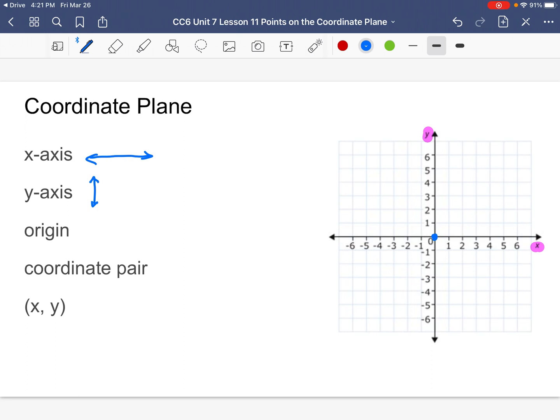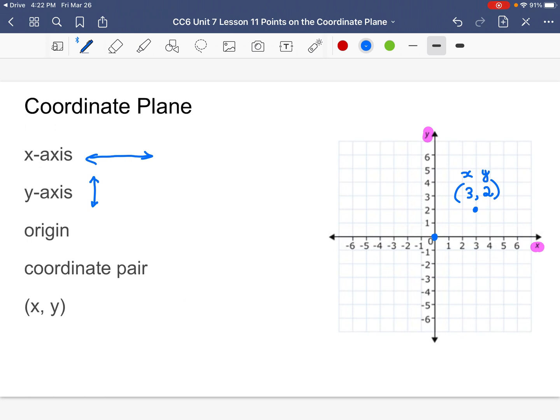And when we plot points on the coordinate plane, we usually plot them where lines on the grid intersect, and we write two numbers, in this case like this. That's called a coordinate pair, and the first number represents the x value and the second number represents the y value.